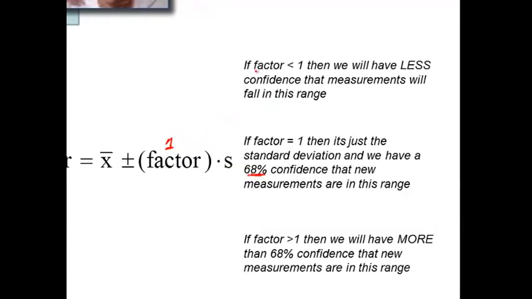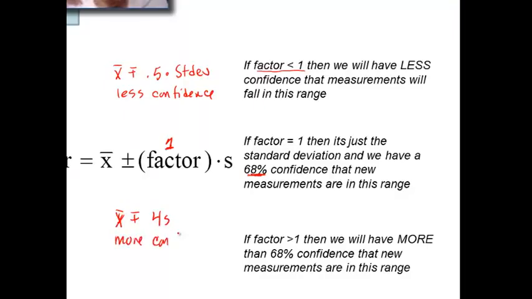Now, if we have a factor less than 1, so let's say it's an average plus or minus 0.5 times our standard deviation, then we're going to have less confidence that future measurements would be in that range. And if we did x bar plus or minus, I don't know, 4s, well, that's a really big tent. Odds are a lot of measurements will fall in it, and we'll be more confident that the true value lies in the range we provide.